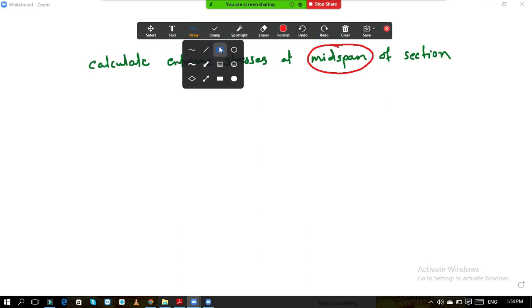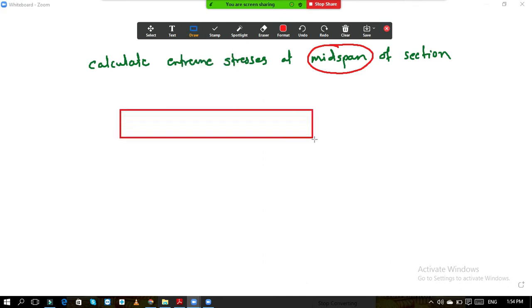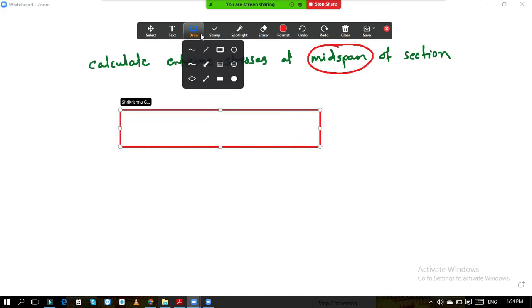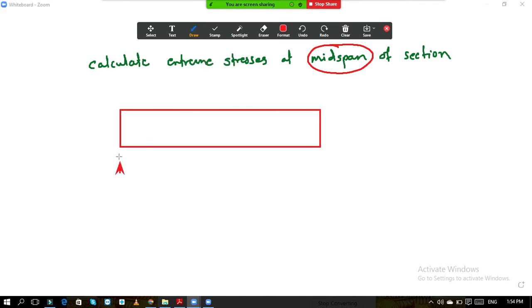Okay. So now whatever we have calculated, we have calculated all the stresses at the midspan. Now suppose again this is your beam. Okay. This is your beam which is simply supported over here. If the supports are not given, we assume it as simply supported. Now you see that this load is acting over here. Okay, that 180 kilonewton. We consider this load as our live load, and now dead load is like this. That is the weight of the beam.